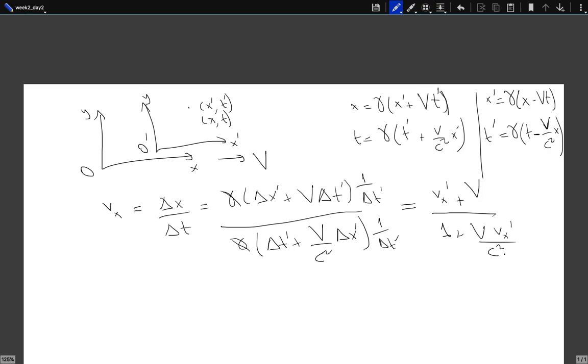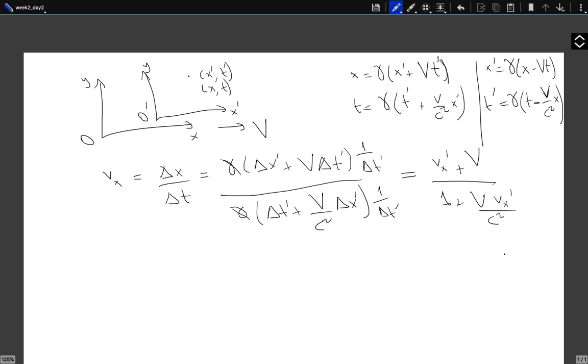If you assume that c is infinitely large, or all the velocities are very small relative to c, you can just ignore this term and you recover the Galilean result, the addition of velocities that you have seen in 109.